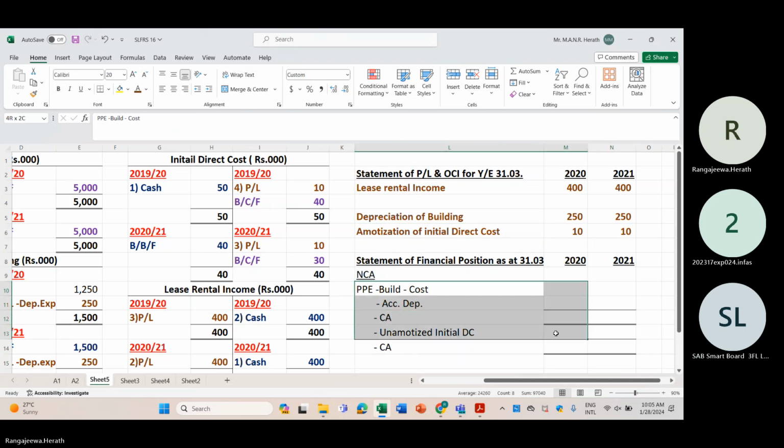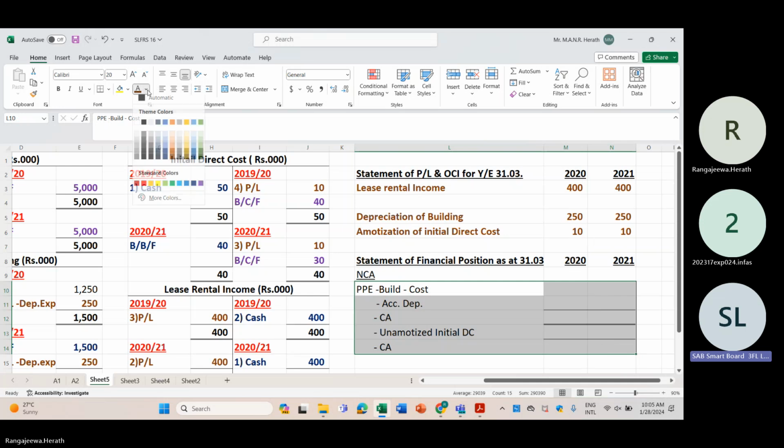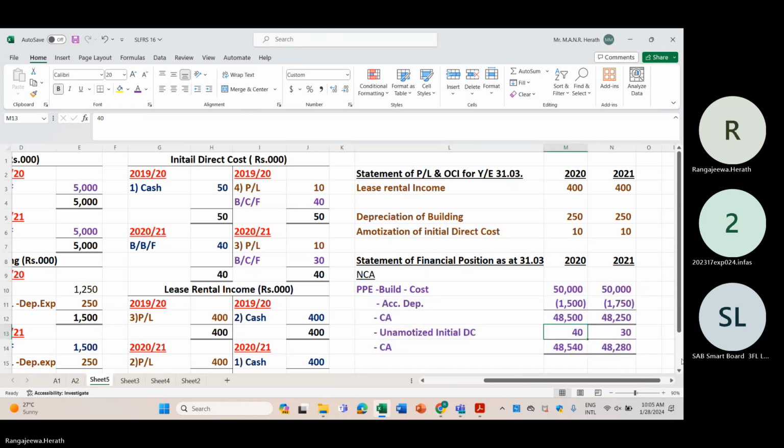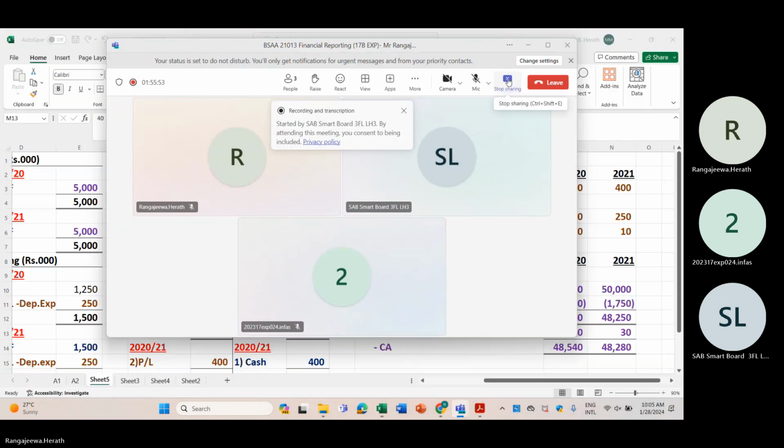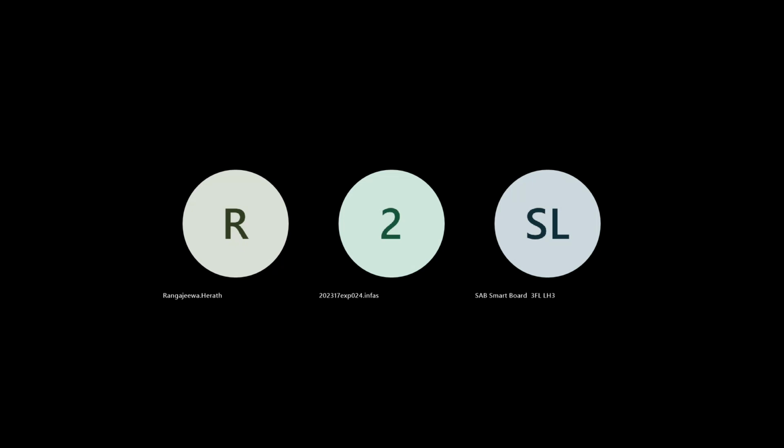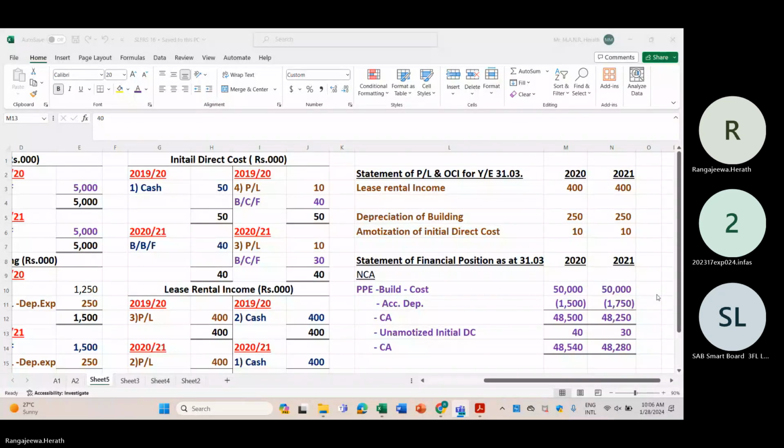Next, the building as a non-current asset. So like this. Now, the statement of profit or loss: lease rental income 400, depreciation 250, and amortization of initial direct cost 10.